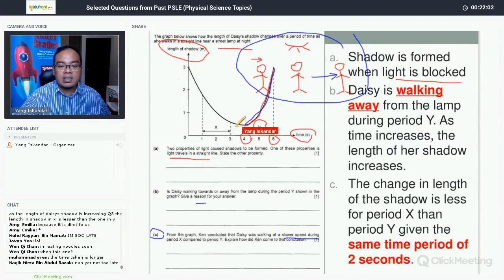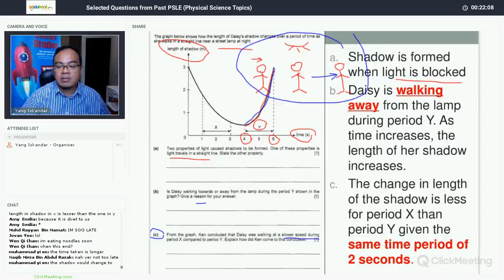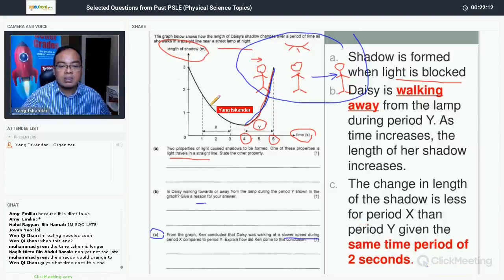Okay, now if you take a look at this graph, part X. Let me draw something.